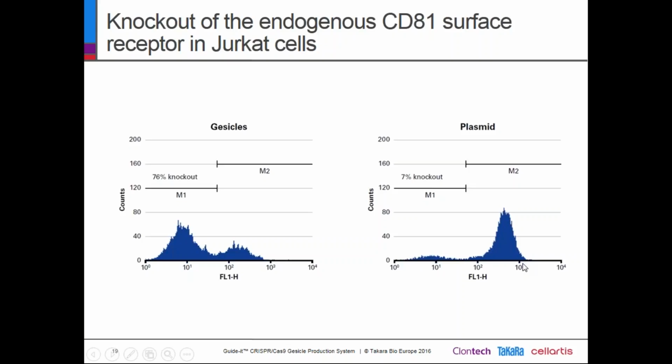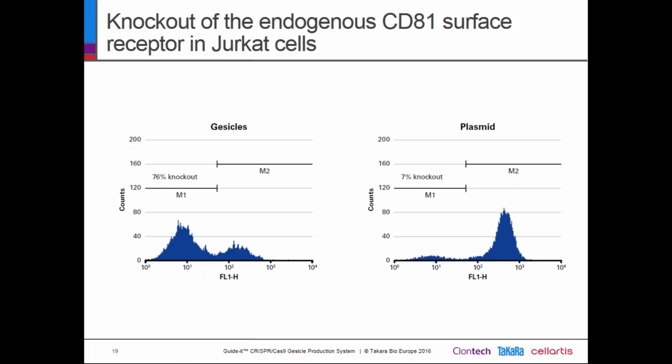So you can see here that the plasmid delivery again was not very efficient. There's still a big population showing the CD81 expression, and then only 7% knockout. In contrast, Gesicle delivery showed a nice functional knockout of the CD81 protein, and you can see here 76% of functional knockout.